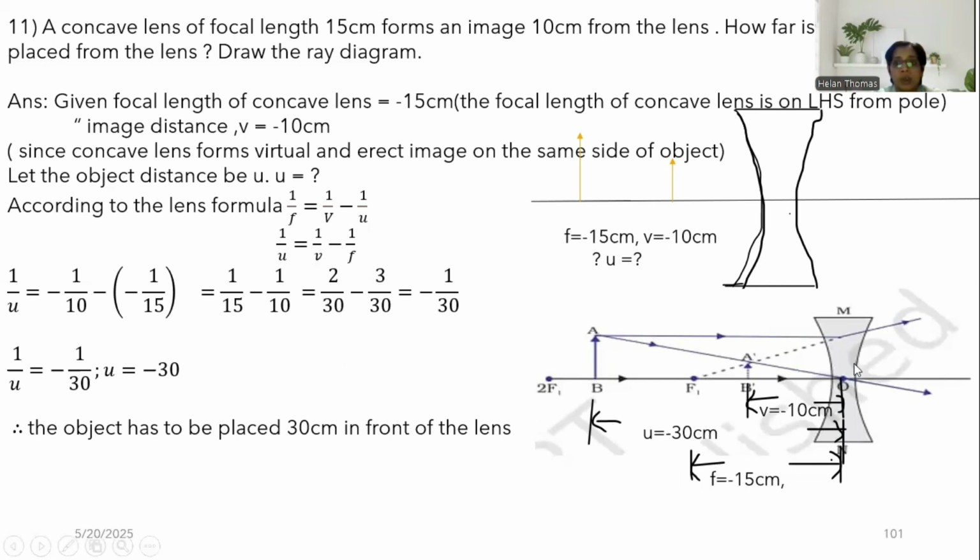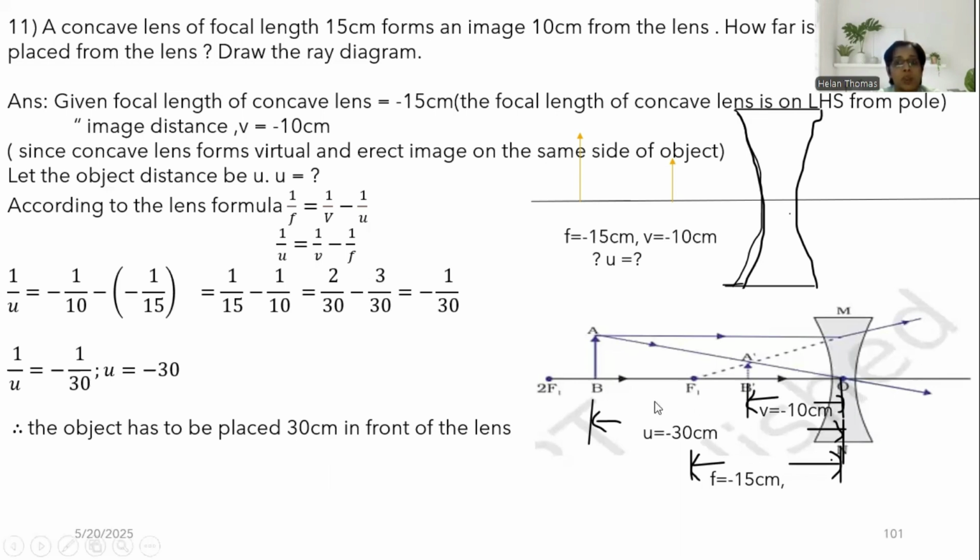I couldn't draw a concave lens properly, so I took the reference diagram and marked my points. Please do cooperate. So this is your concave lens. You know the object and you know the image formed. All you need to do is mark your U. U is minus 30, V is minus 10, and your F is minus 15.